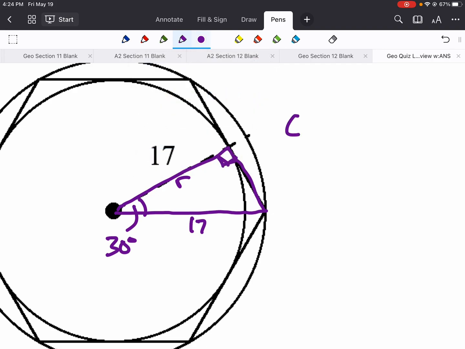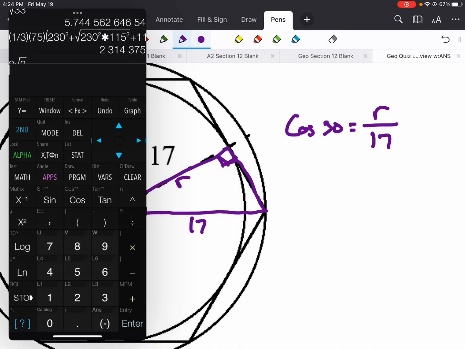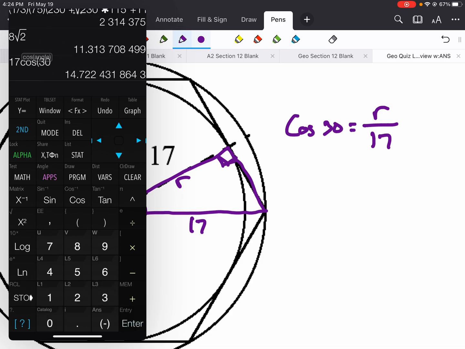That sounds like cosine. So cosine of 30 equals adjacent, which is R, over hypotenuse, which is 17. And now we'll do 17 cosine 30. That'll get 14.72 equals r, and that's the radius.